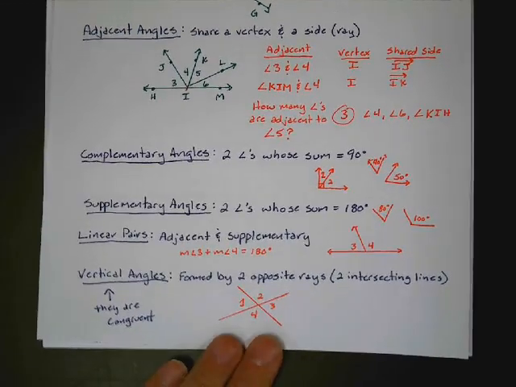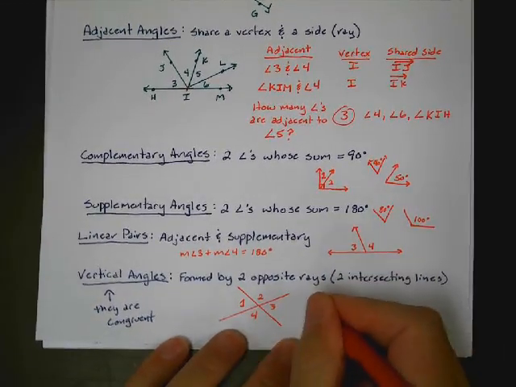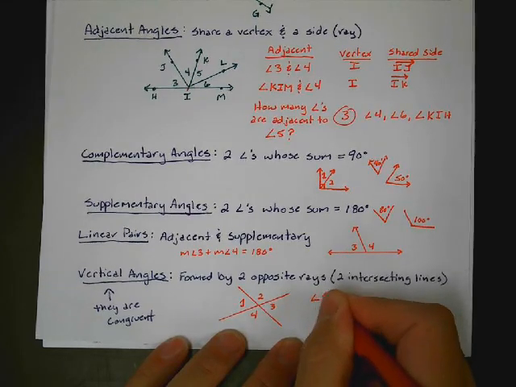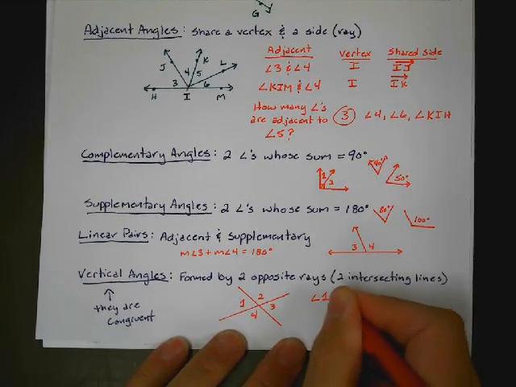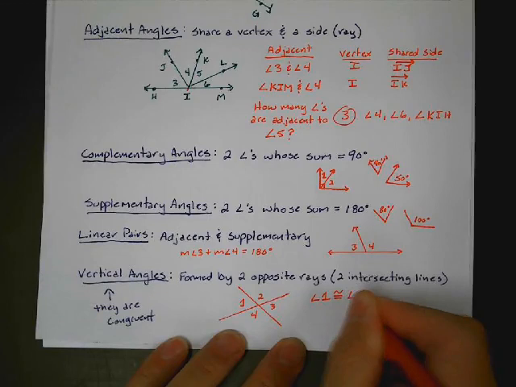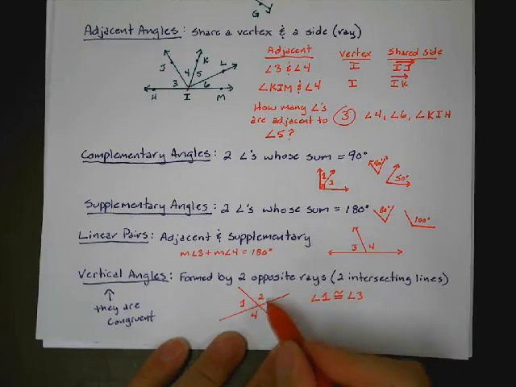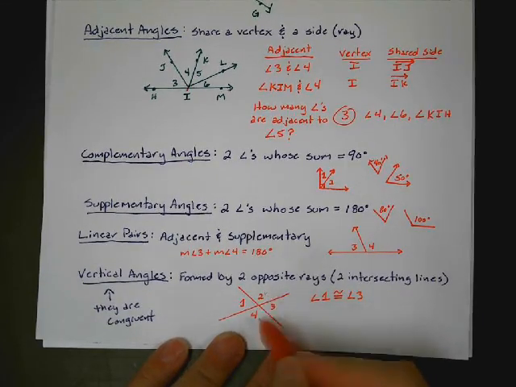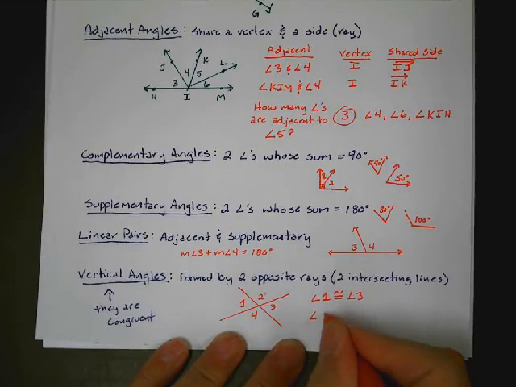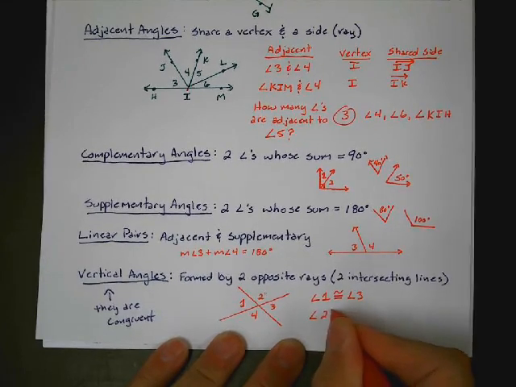So we can say at this point that angle 1 is congruent to angle 3. And angle 2 and 4 would be vertical angles as well. So we would say that angle 2 is congruent to angle 4.